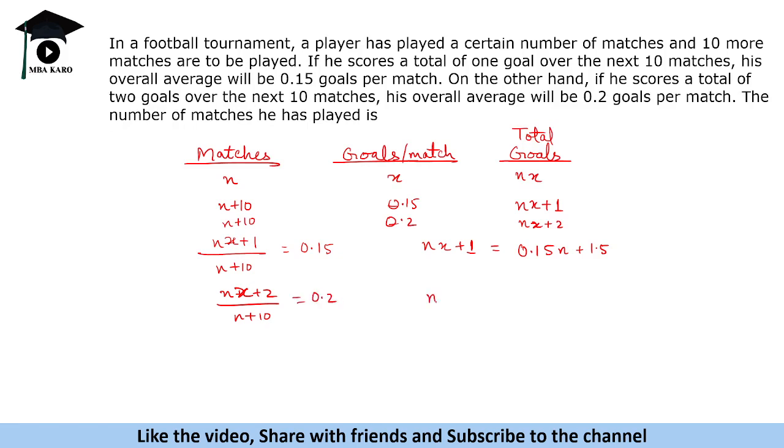So we will just simplify it. nx plus 2 is equal to 0.2n plus 2. So we subtract the first equation from the second equation, and we get 1 equals 0.05n, so 0.05n is 0.5.